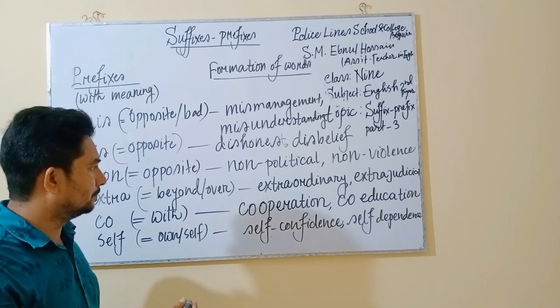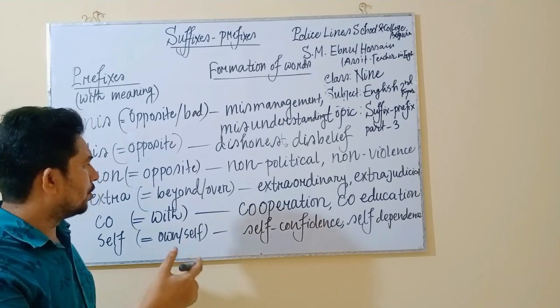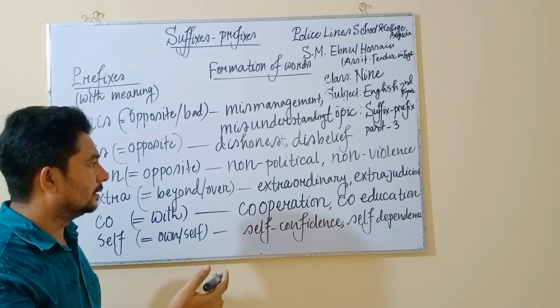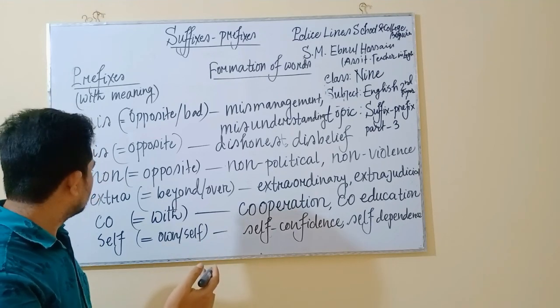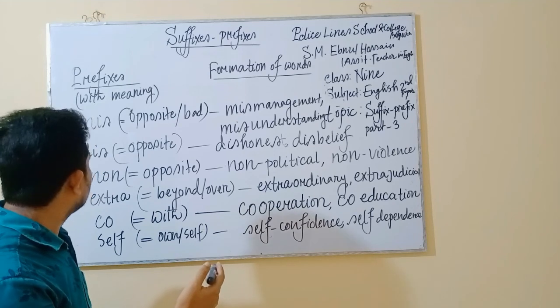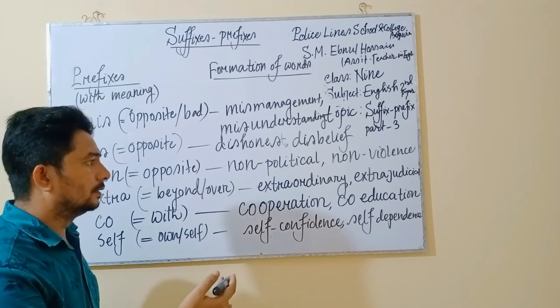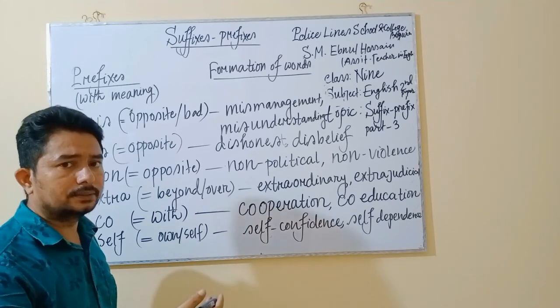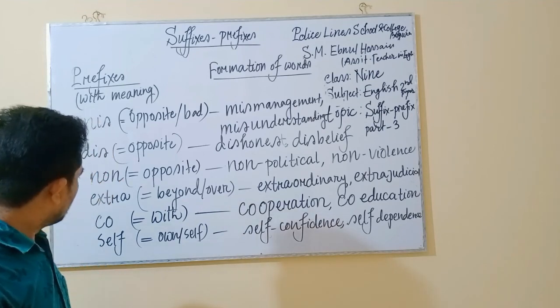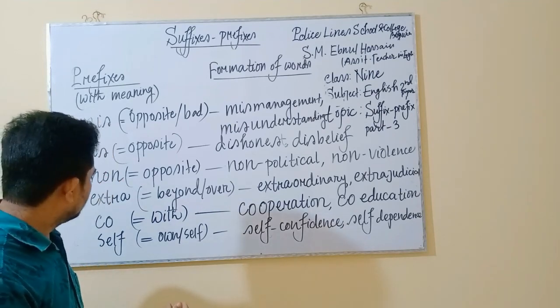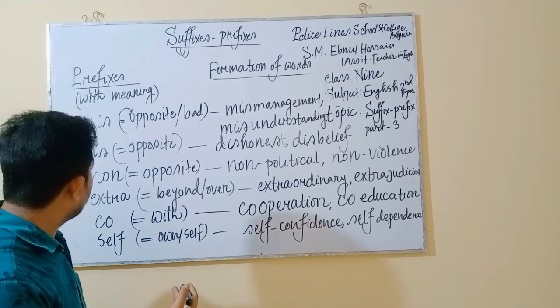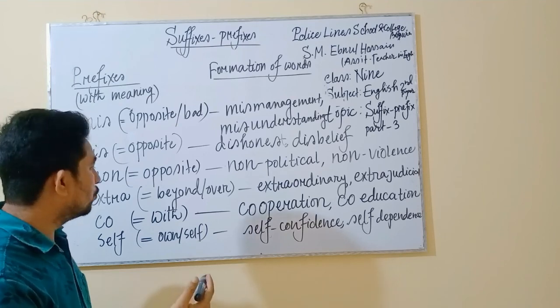EXTRA means go beyond, that means over. Ordinary is the root word, and now we add the prefix: extraordinary, extrajudicial. CO is the prefix that gives the meaning with.